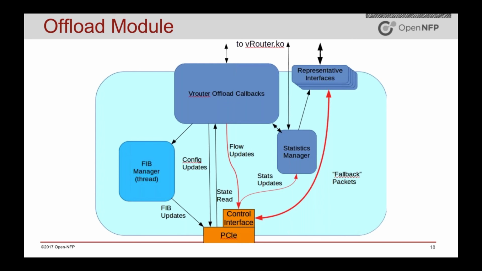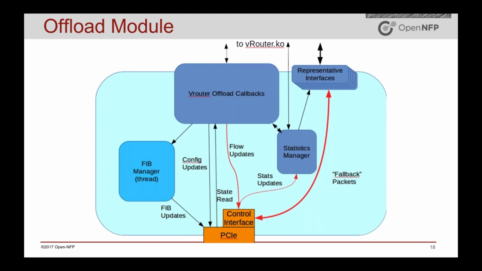So whenever we get an offload callback from the vRouter kernel module itself, we can handle it in possibly 3 ways. Okay, and those are somewhat interesting.